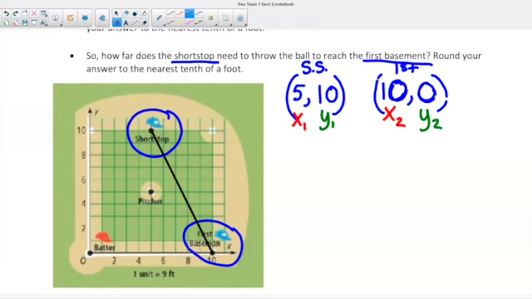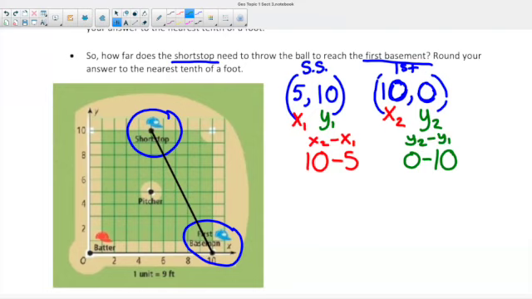Now we're going to use the distance formula, what we just derived from the Pythagorean theorem. We are going to subtract our X's, so we're going to do 10 minus 5, and we are going to subtract our Y's, 0 minus 10. The order matters. When I did this, I did the X2 minus the X1, and I did the Y2 minus the Y1.